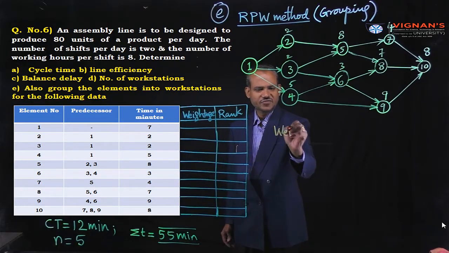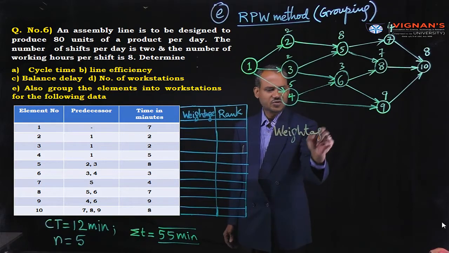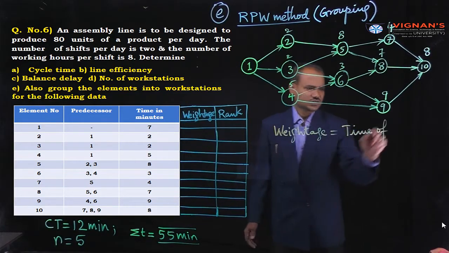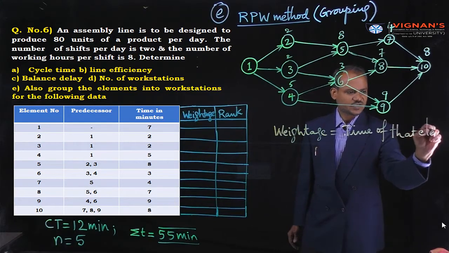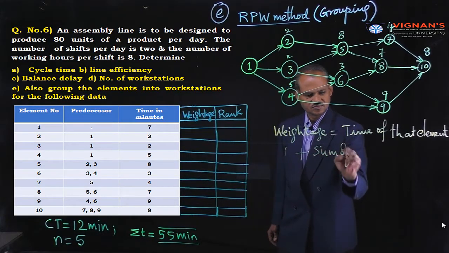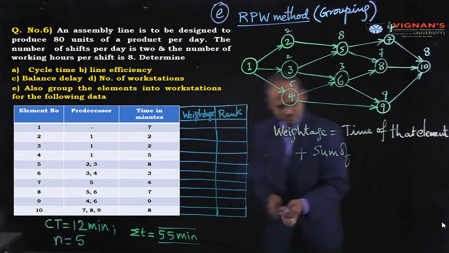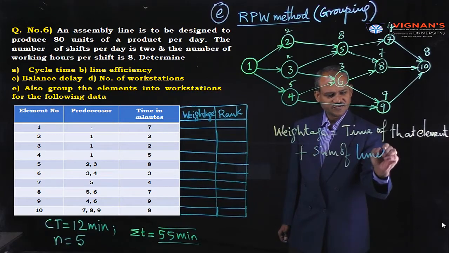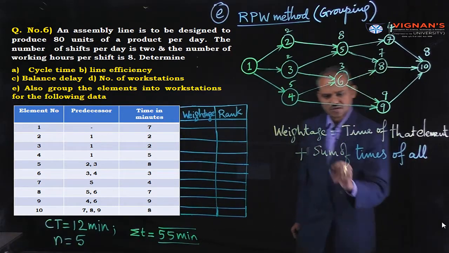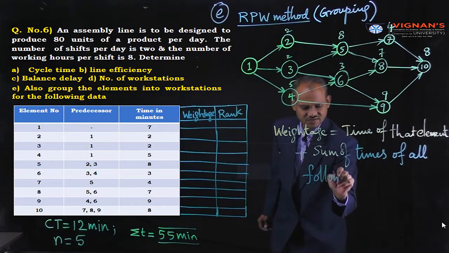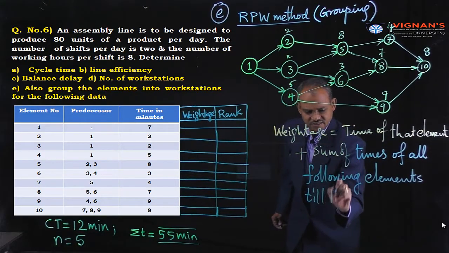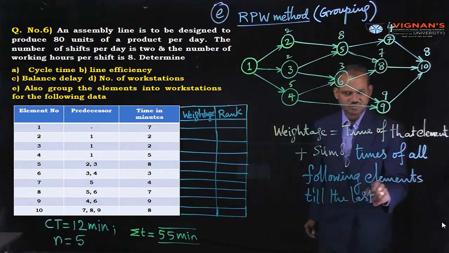Weightage, the weight of each element, is equal to the time of that element plus the sum of times of all following or successor elements till the last operation, till the last element.